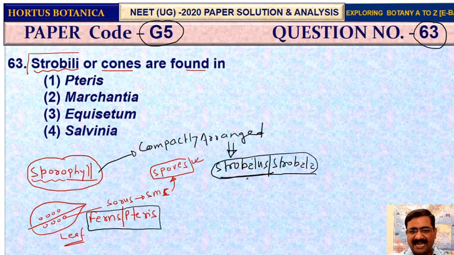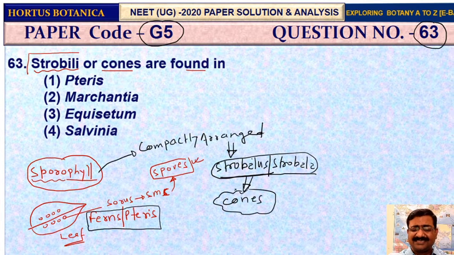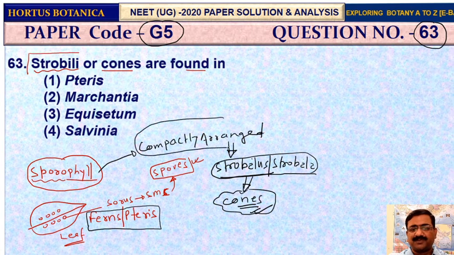Okay, and that may develop further or is also known as cones. That cone is well distinguished or clearly visualized as a developed form in the case of gymnosperms, but this structure can be supposed to be a cone also, right? So this is very much clear that strobilus singular, strobili plural is nothing but the compact structure of sporophylls.